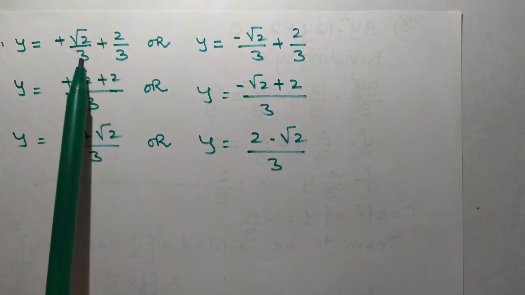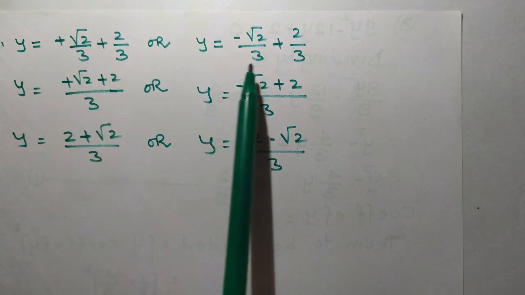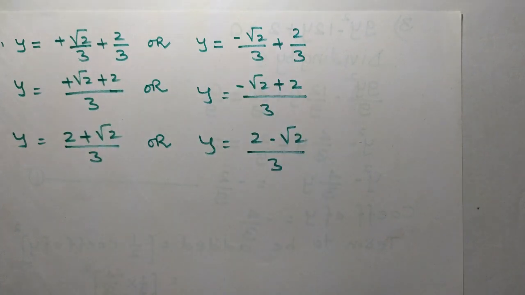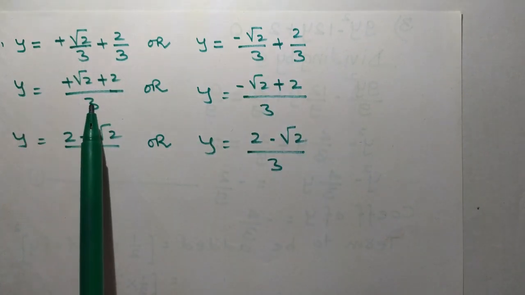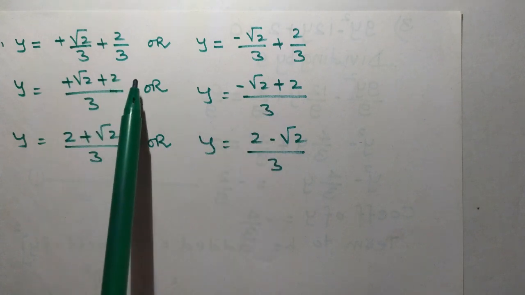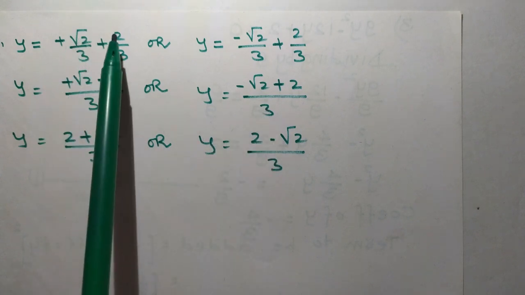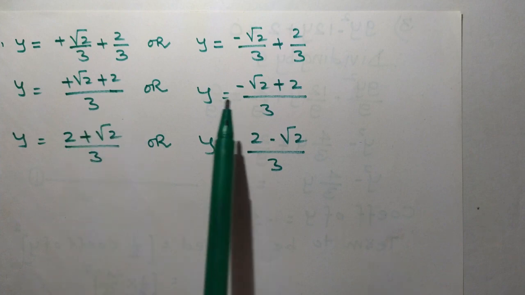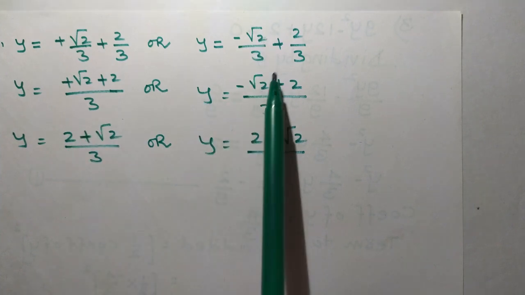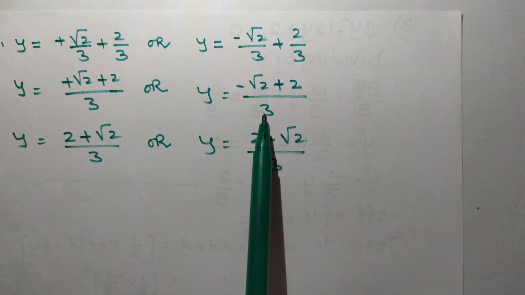Here, 3 is the common denominator, or the denominators are the same. So as the denominators are the same, add the numerators. So it will be plus root 2 plus 2 upon 3, or y is equal to minus root 2 plus 2 upon 3.